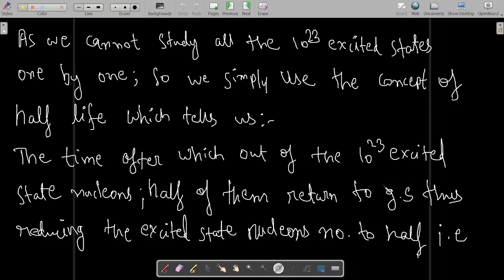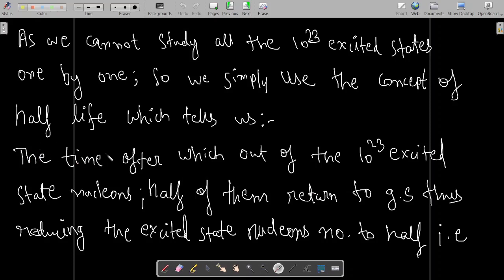The number of nucleons in excited state reduces to half. Half of them return to the ground state and half of them remain in the excited state. When that situation arises after some time, that particular time is called the half-life.